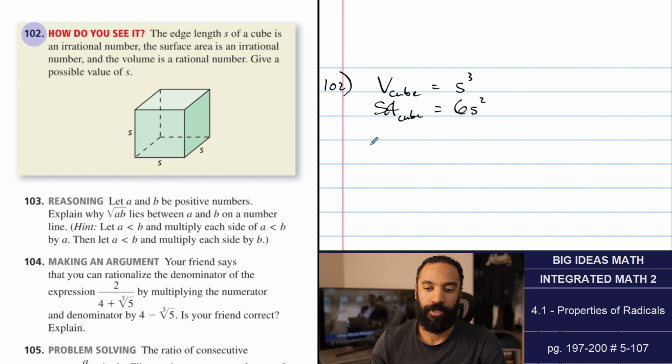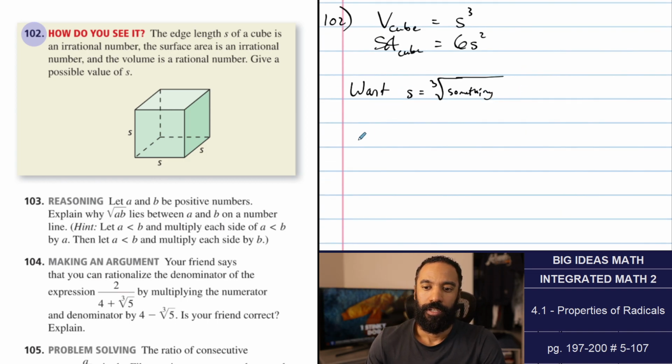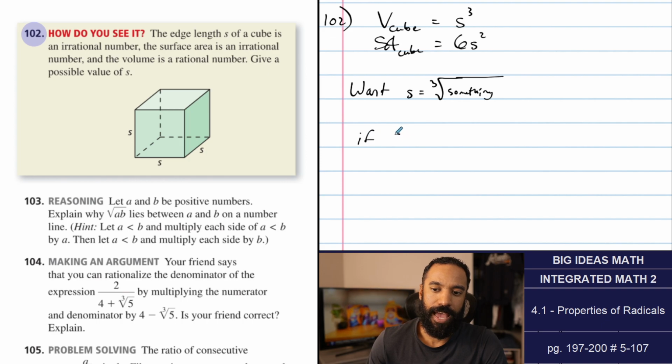So we want S to be a cube root of something. So for example, let's say we want S to equal the cube root of something. Let's try something like 4, cube root of 4. If S equals cube root of 4, then that's irrational.